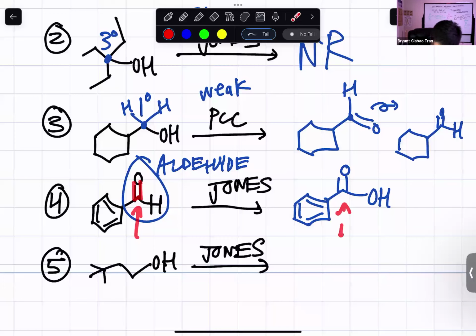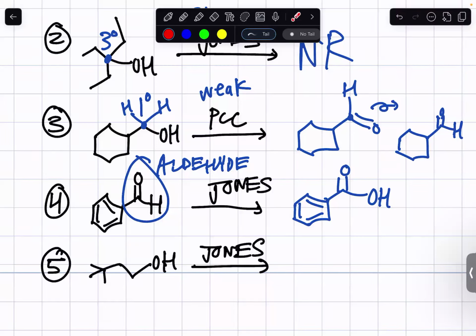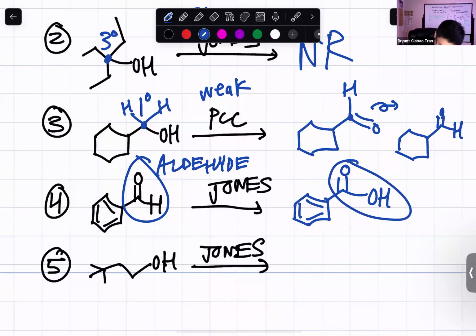But when we oxidize it using Jones, it gained a bond to oxygen, one, two, three, which is oxidation. Oxidation is adding a bond to oxygen or removing a bond to hydrogen. Okay, that makes sense. And this functional group here is a carboxylic acid.